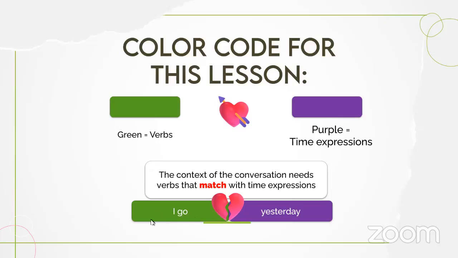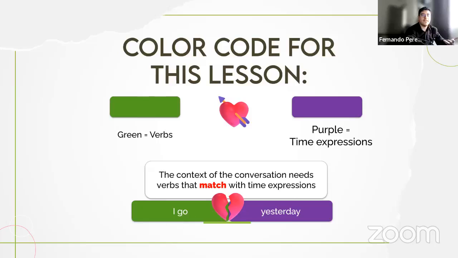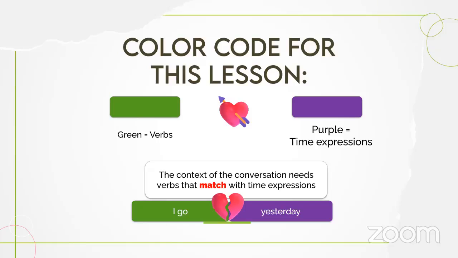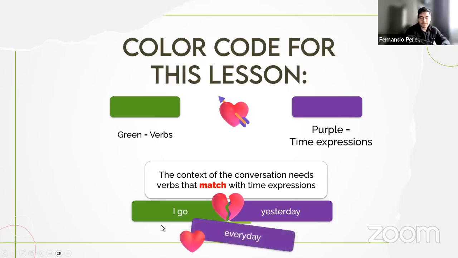Yes. Right? So what is the correct verb that can match the time expression in this case? Went. Very good. Either you say I went yesterday, or you eliminate the time expression and you say I go every day.